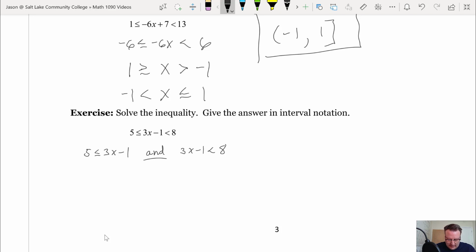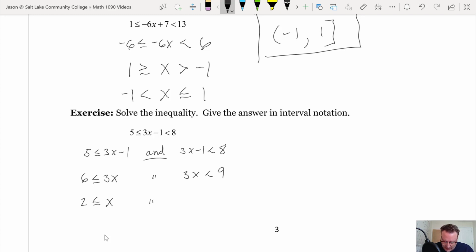So let's solve the inequality on the left-hand side. We get, by adding 1 to both sides, 6 is less than or equal to 3x. Upon dividing both sides by 3, I get 6 divided by 3 is 2, so 2 is less than or equal to x. And over here, I'm going to add 1 to both sides of the inequality, and I get 3x is less than 9.